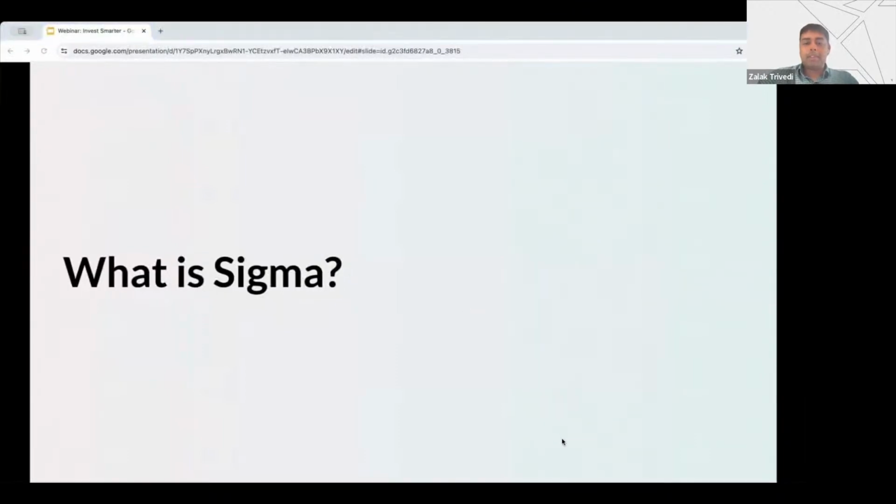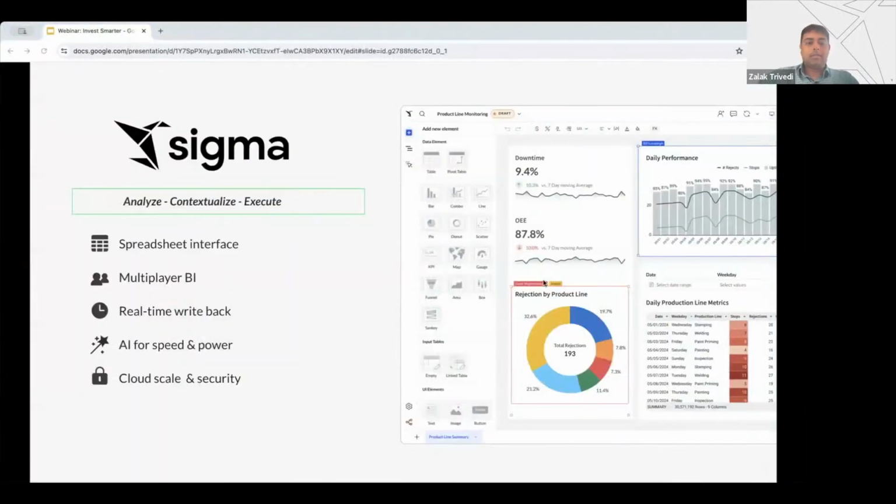Well, Sigma is a BI product that is built specifically for the business users. We are evolving into a data application platform. We have 5 main tenets. The spreadsheet interface, which makes it extremely easy for anybody to consume data and interact with it and analyze it.